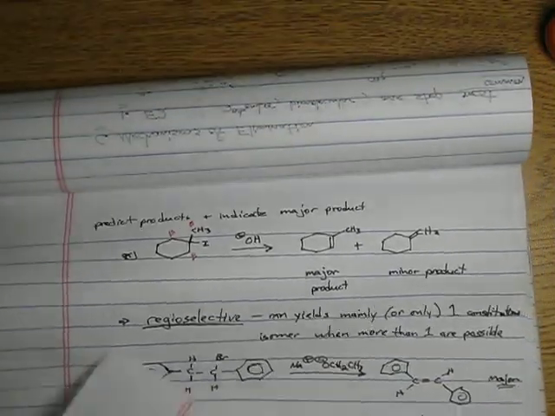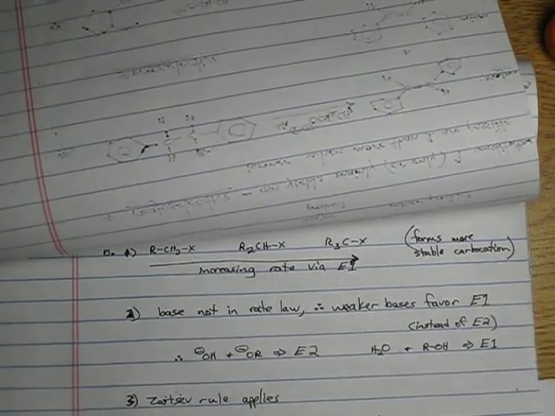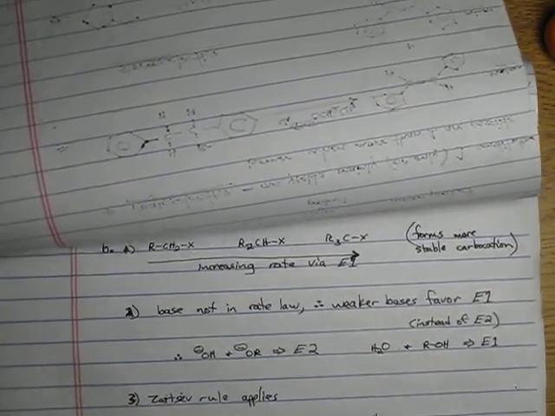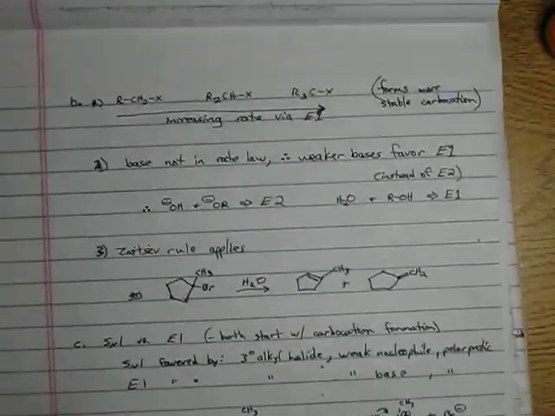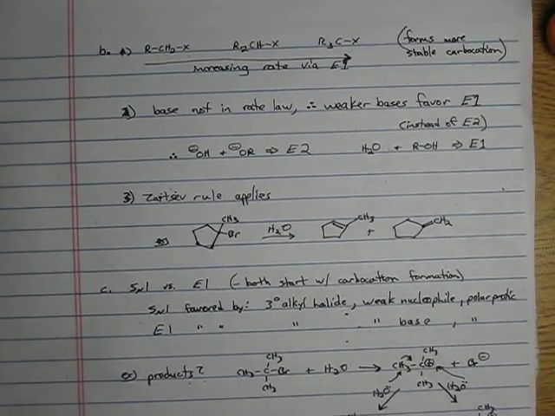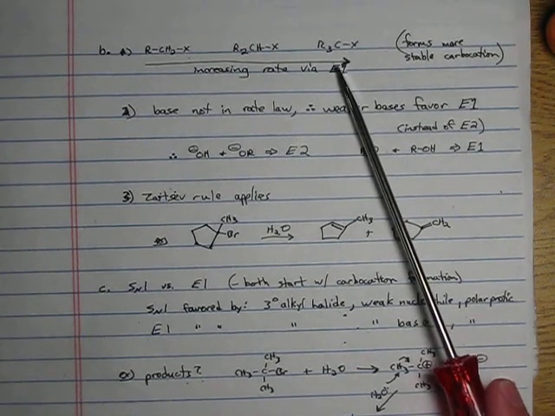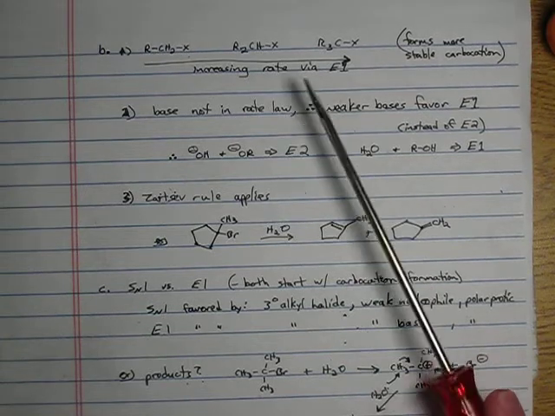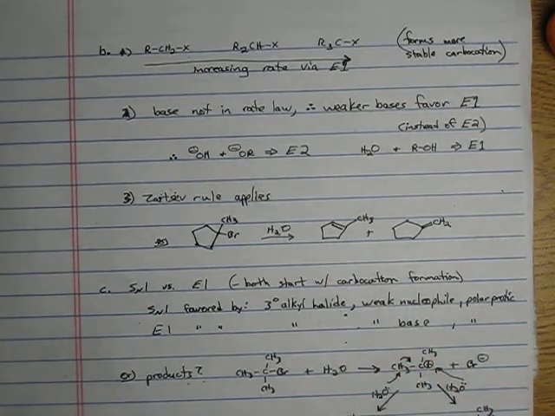All right, let's turn the page and look at the conditions for E1. As we see when we look at the substrate, tertiary substrates have the fastest rate. Primary substrates are very slow.